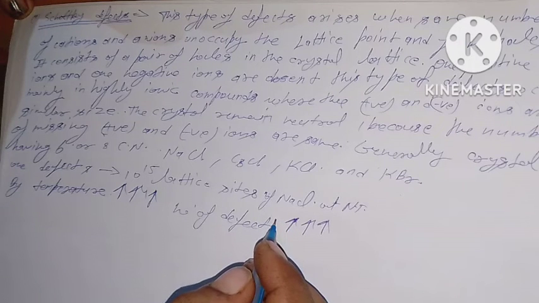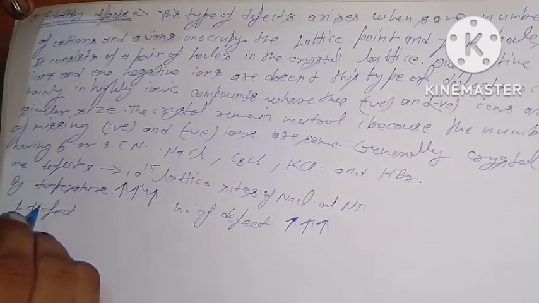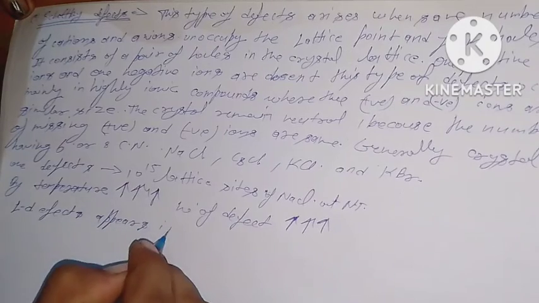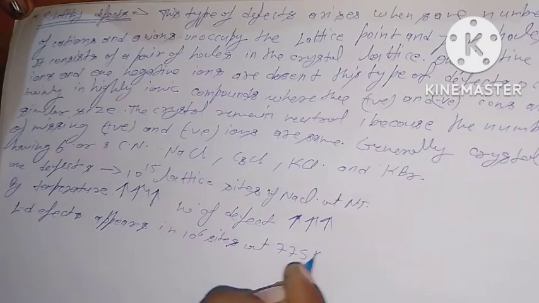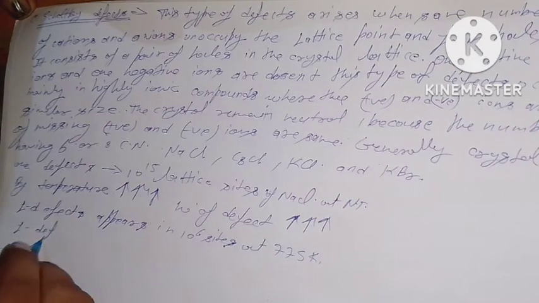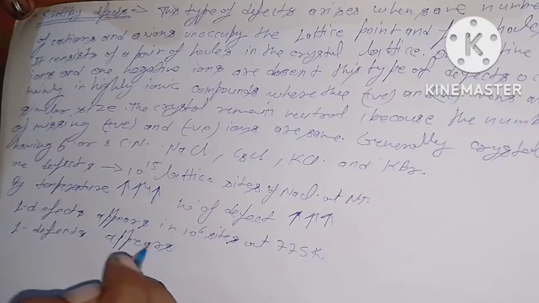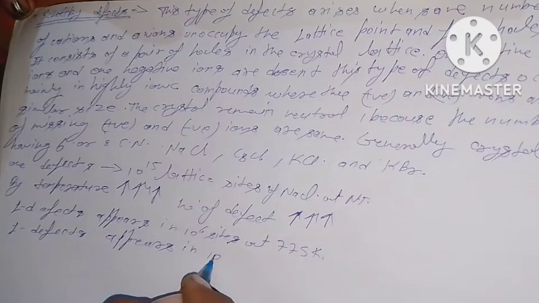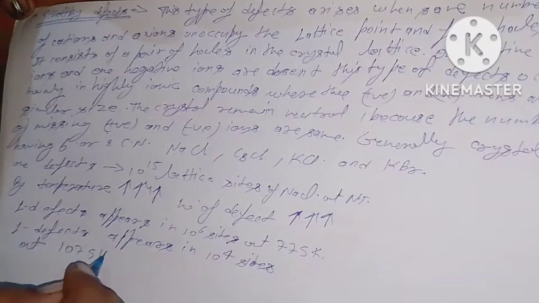One defect appears in 10 to the power 6 sites at 775 Kelvin, and one defect appears in 10 to the power 4 sites at 1075 Kelvin.